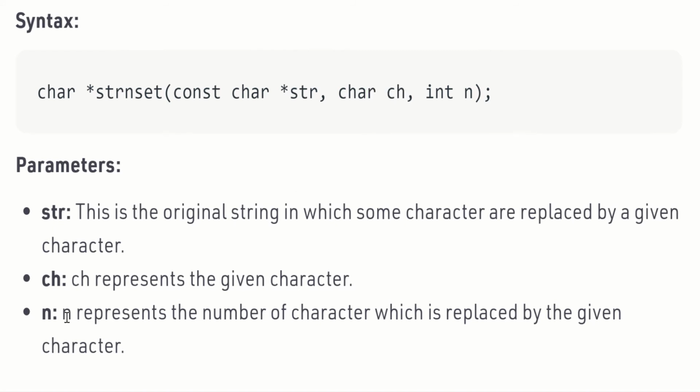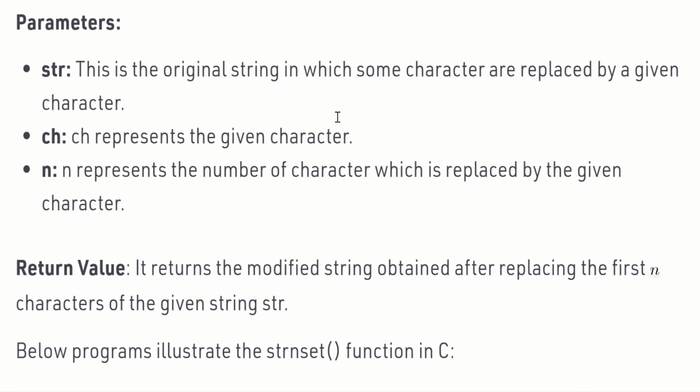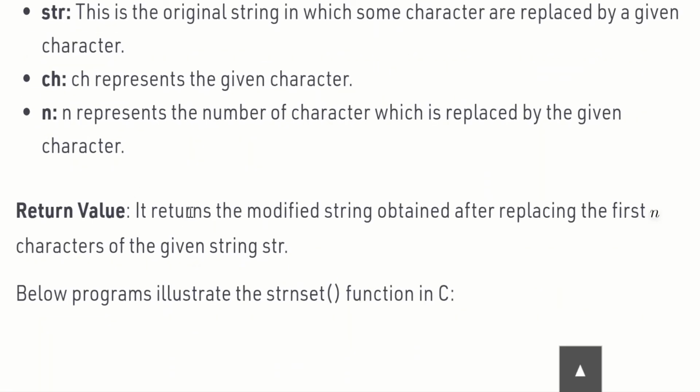And n represents the number of characters of the string to be replaced by ch. Now let's see an example so it will be very easy to understand. Return value: it returns the modified string obtained after replacing the first n characters of the given string.